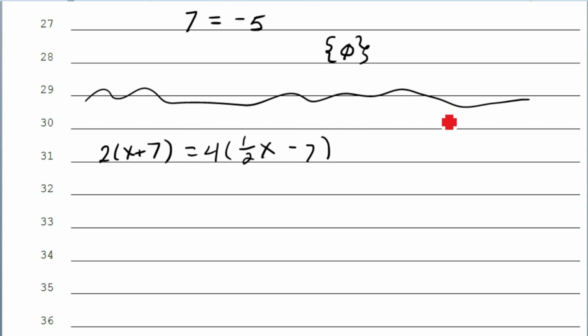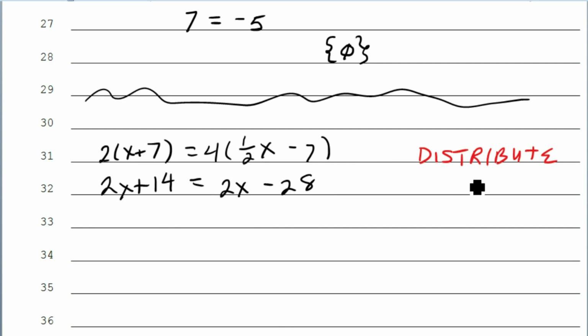Again, first thing we do is distribute what's in the parentheses, get them out of the parentheses, so we have all terms on each side. And you'll have 2x plus 14 equals 2x minus 28.